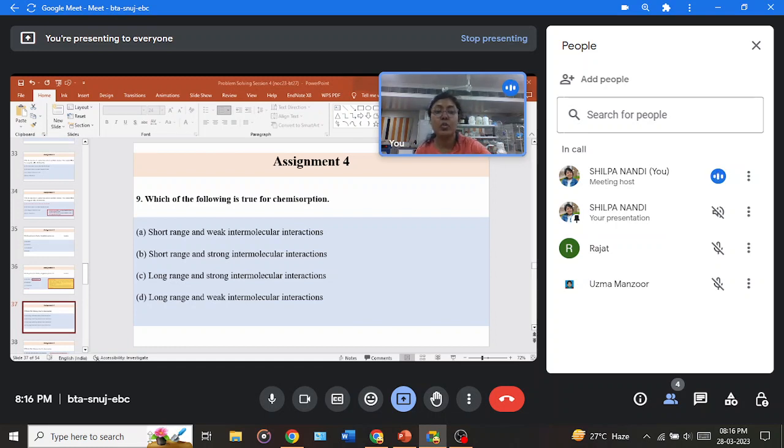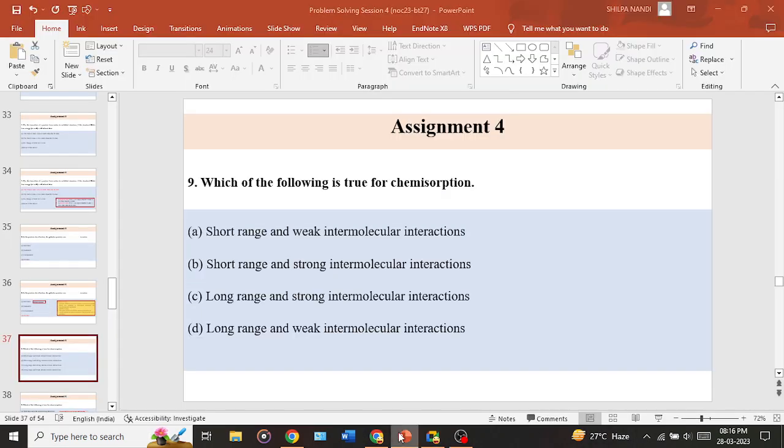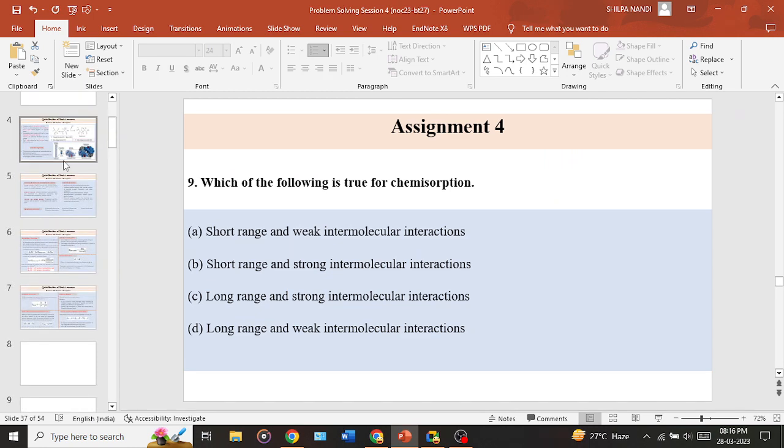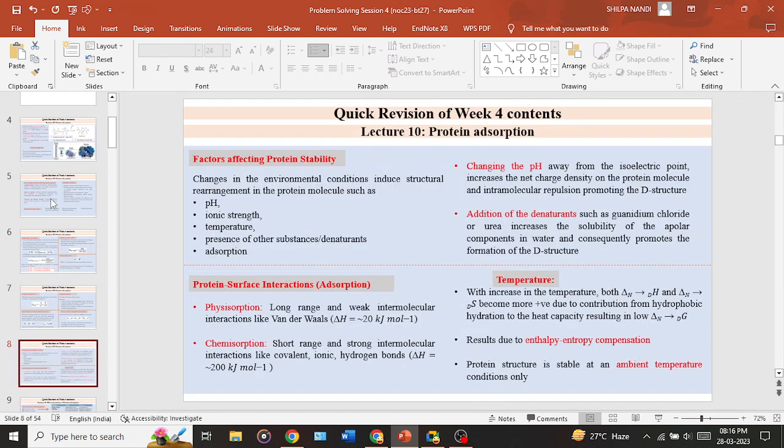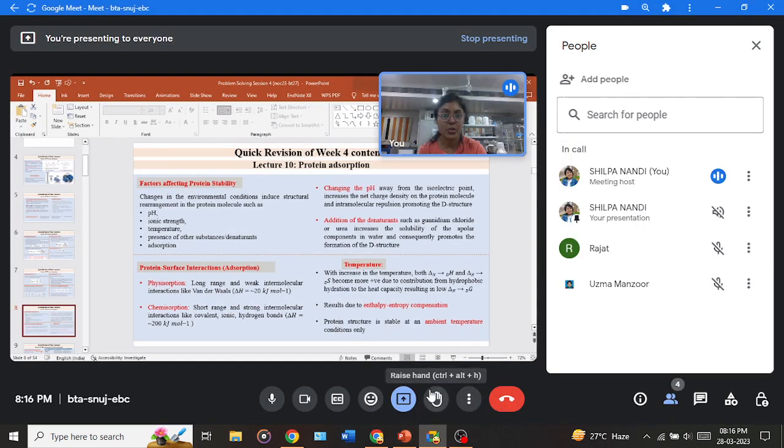So probably if you go back through the lecture recap, you will again find the answer. This particular portion is also being discussed in lecture number 10, protein adsorption. In the second box, that is the protein surface interaction, that is adsorption, you can see it is basically occurring in two ways, that is physisorption and chemisorption.